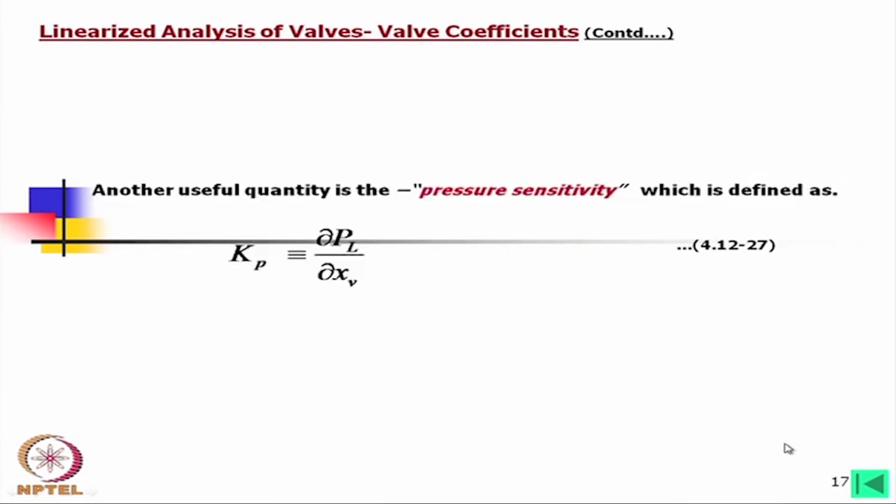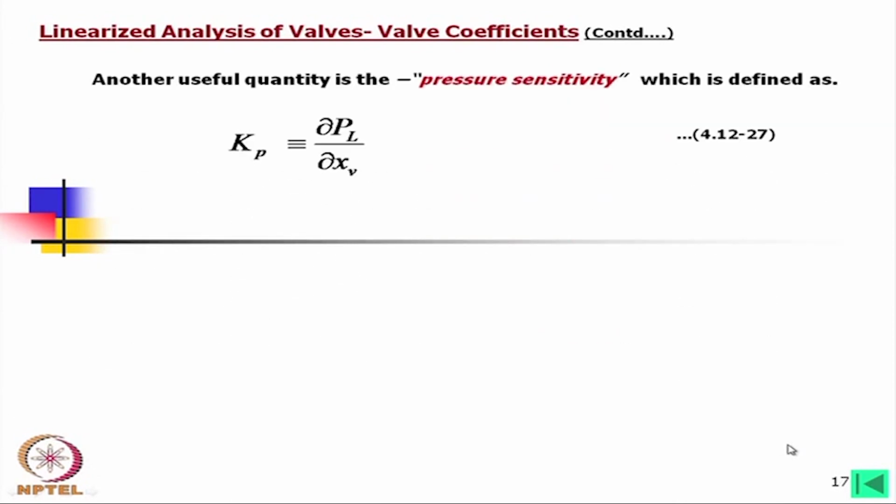Now, there is another term, which we also use in electrohydraulic valve analysis where accurate control is required, which is called pressure sensitivity. But this pressure sensitivity is actually a term derived from those two derivatives.